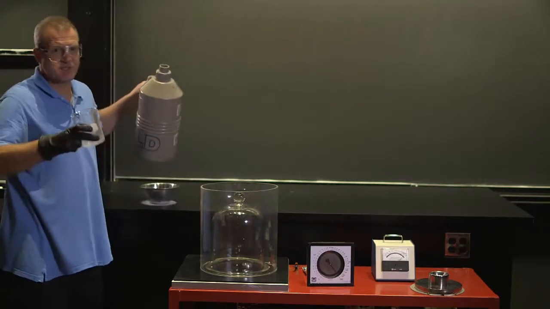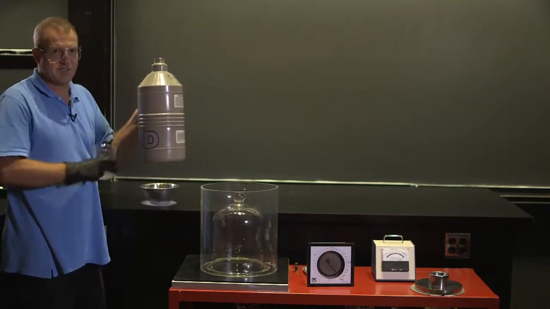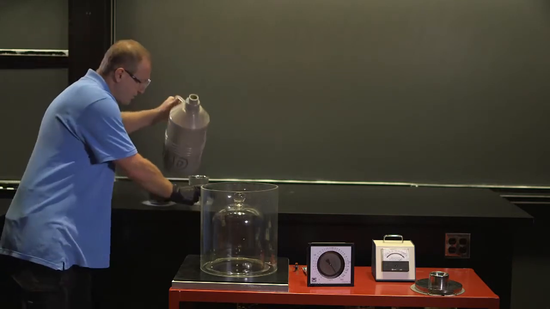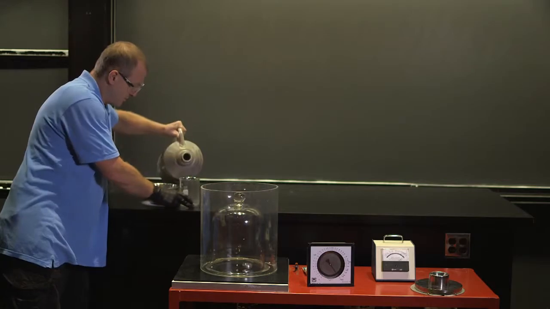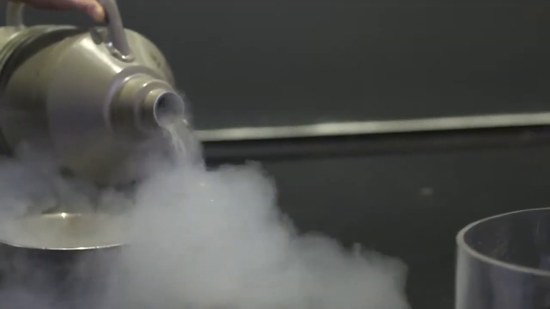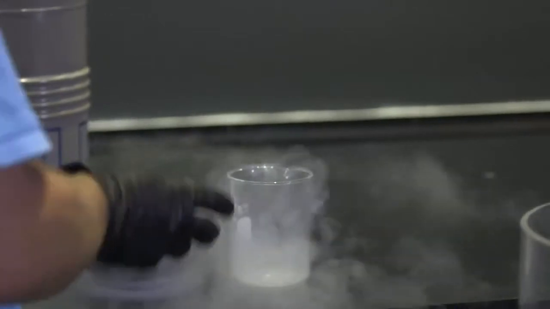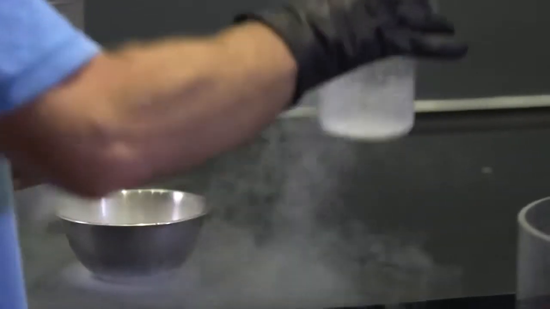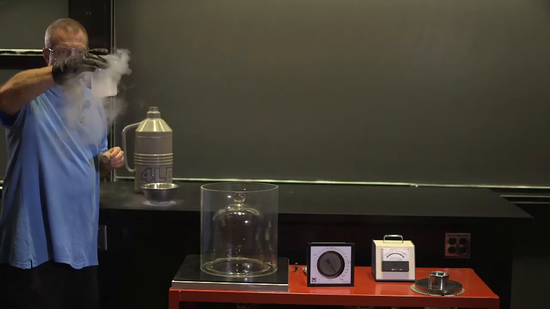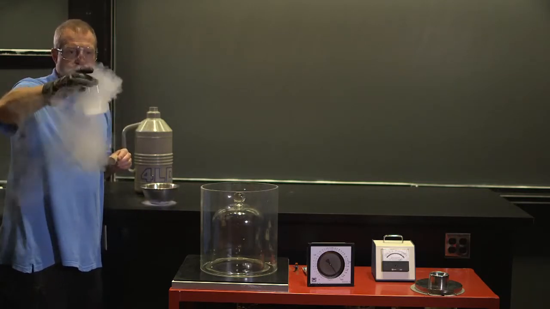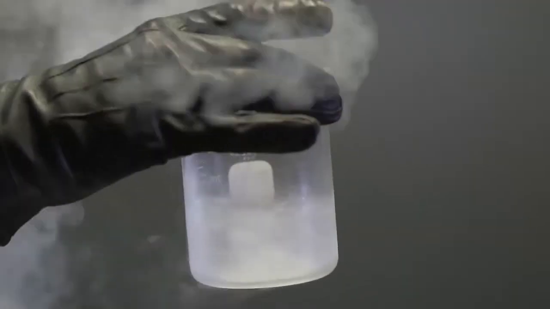Liquid nitrogen has to be stored in a vacuum flask. This is basically a giant thermos bottle. And when I pour it at room temperature, it's a boiling liquid. It's as if we put water into a red-hot skillet.